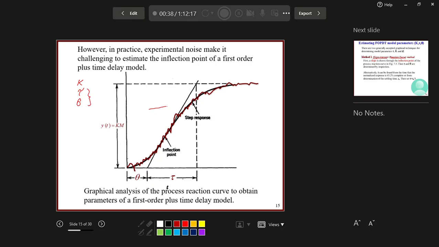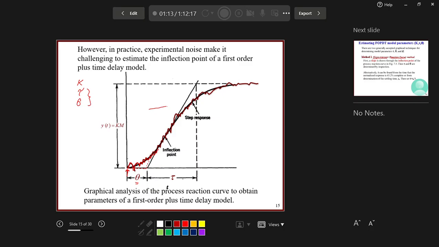In a graph like this, theta is the time needed for the process to start changing. If the change in the input happened at point 0, the process needed some time to start moving up. But this does not happen like the way we write in books. The data is noisy, and that's why you see something like this. So how can we find this theta?